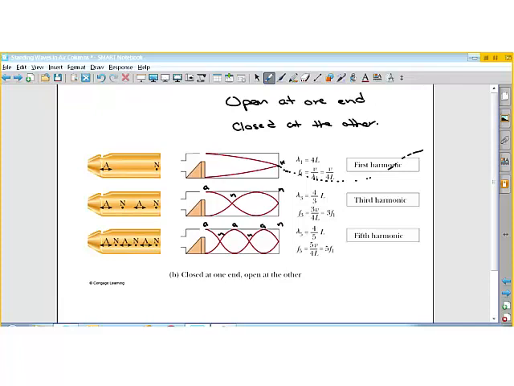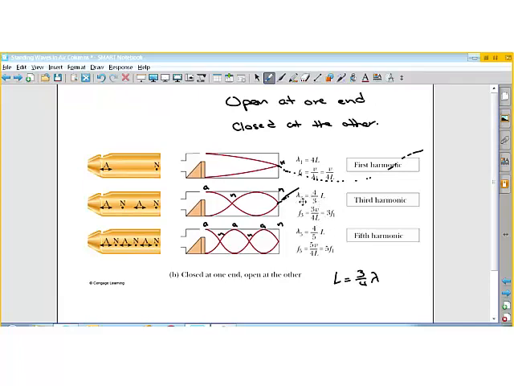Now the next case is you can have 2 nodes, just like before, one node being here, one node being there. And so what we have is 3/4 of a wavelength. So L equals 3/4 lambda, and is that right?